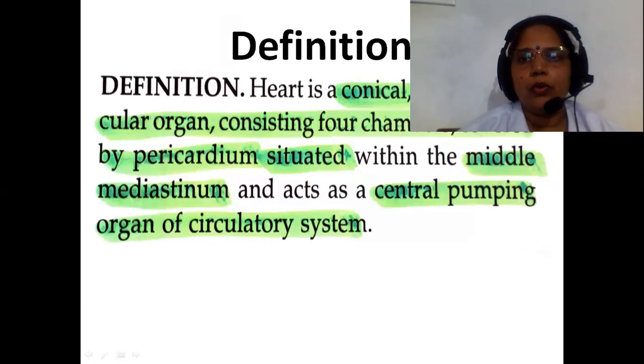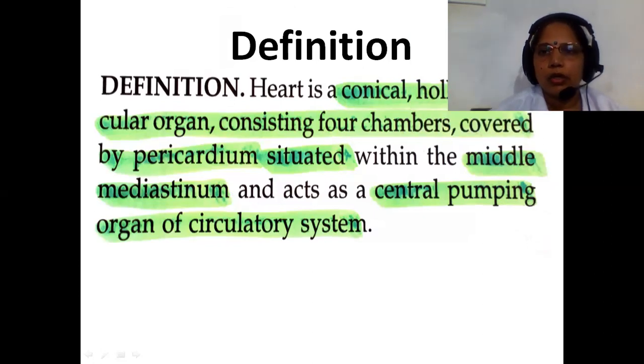Next, what is the definition of the heart? The heart is conical in shape. It is a hollow muscular organ consisting of four chambers.